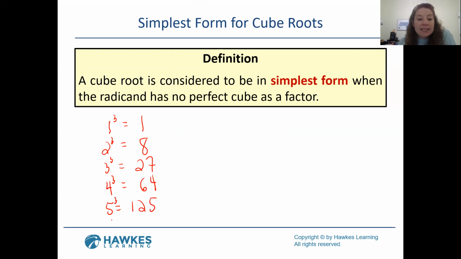And finally, 6 cubed is 216. These get big fast, right? So as long as you're familiar with those first 6, then you're going to be good.